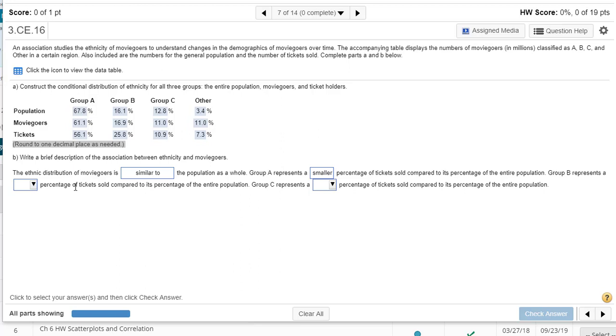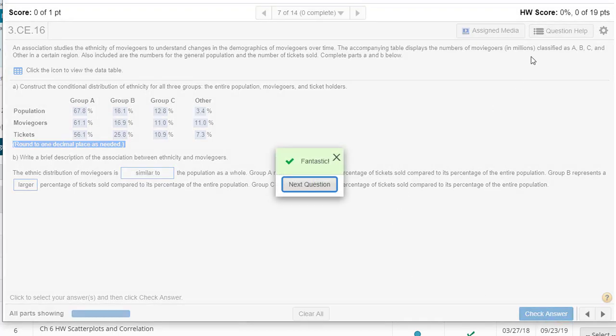We're comparing the percentage of tickets sold, which in this case is 25.8, versus the entire population, which is 16.1. So it is larger, right? Larger percentage of tickets sold compared to the population. And Group C represents a smaller, right? We have 10.9 versus 12.8. Okay, so I hope that helps.